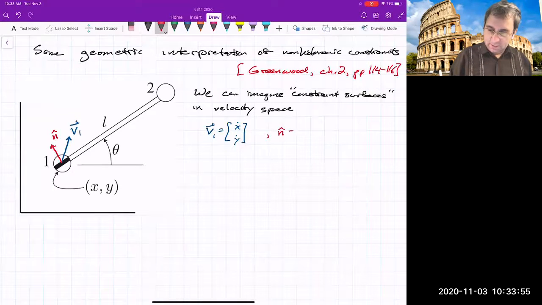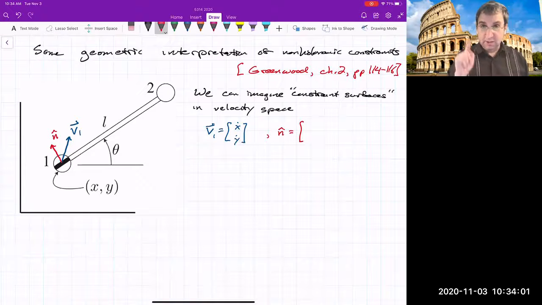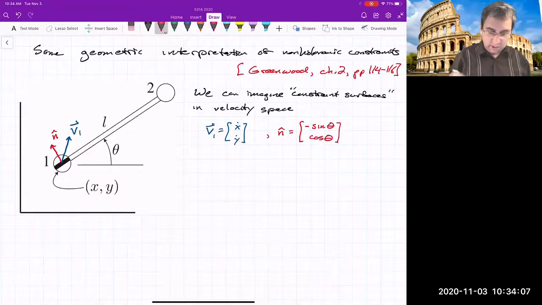So n hat is a unit vector, and it could be written in terms of the coordinate theta.